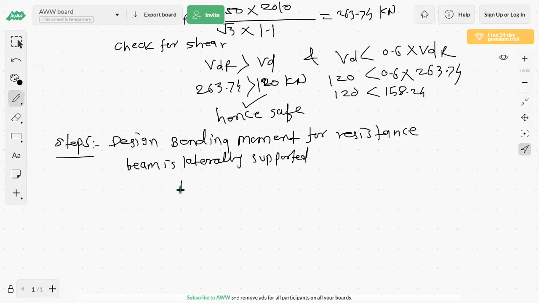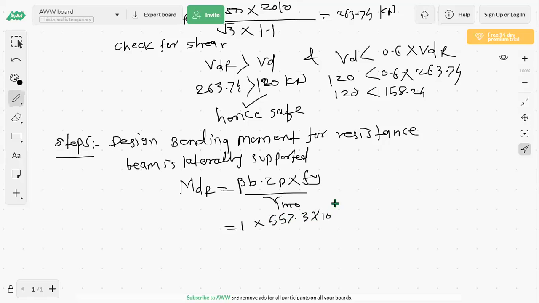If the beam is laterally supported, then MDR is equal to beta B into ZP into Fy divided by gamma m naught. The value of beta B is 1, ZP value is 557.3 into 10 raised to 6, into 250 Fy divided by 1.1.